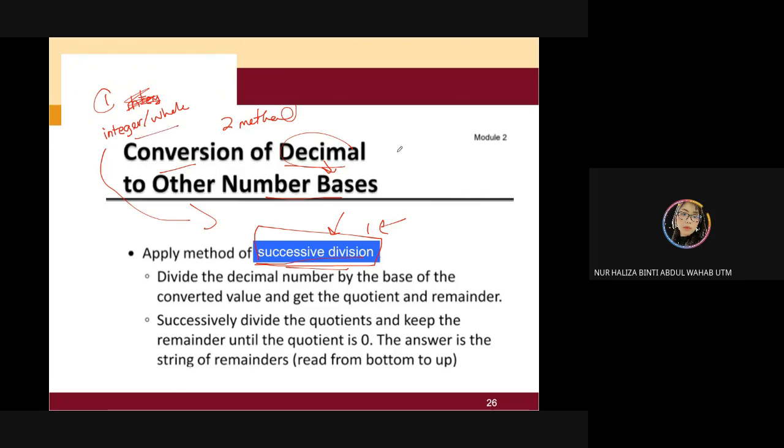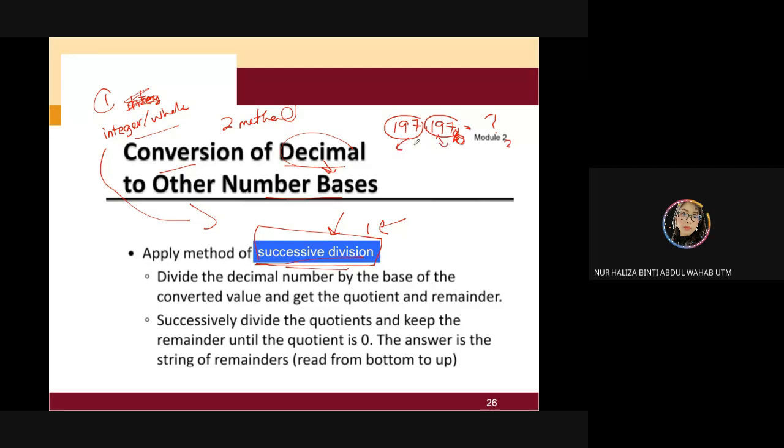But for your fraction, let's say you have 197.197, whatever number base, I'm just giving an example. If you want to convert a decimal to any base, let's say binary, base 2, you need to separate the integer part and the fraction part into two methods.